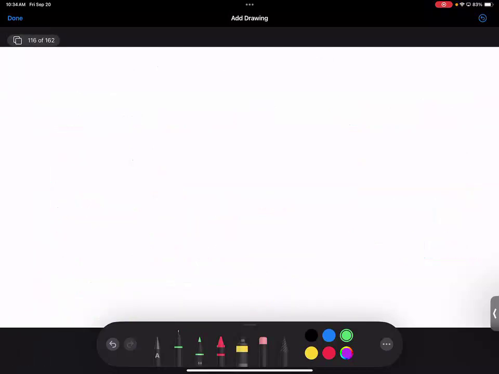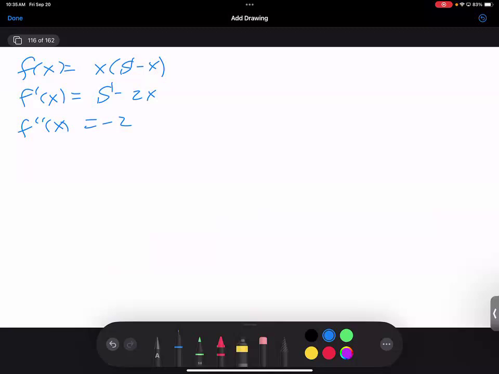So if we look at f of x equals x times s minus x, f prime of x was going to be s minus 2x, f double prime of x is going to be negative 2. This tells you it's going to be a maximum.